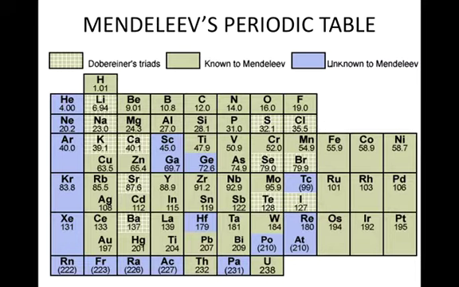If you'll notice on this slide, those that were known to Mendeleev are this taupe color, and those that were unknown to him are highlighted in blue. So he left holes, actually, if you look in the middle, for scandium, for gallium, for germanium, and they were discovered after his death, I guess.